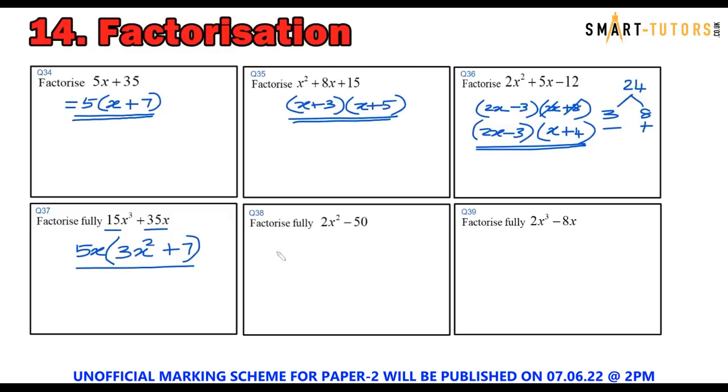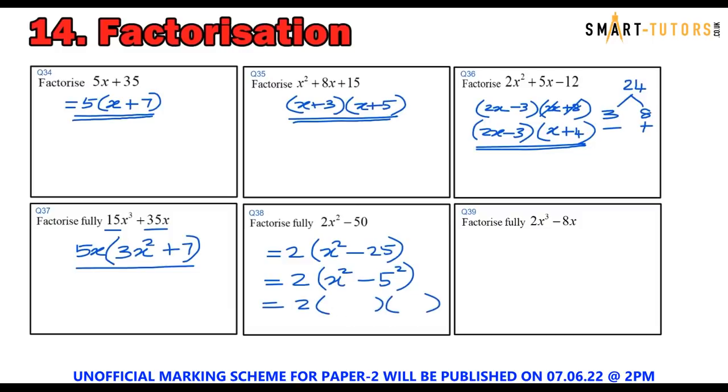Question number 38, if you take the 2 out, it's going to be x squared minus 25. x squared minus 25 is as in 5 squared. So you can put in two brackets, x minus 5 and x plus 5.